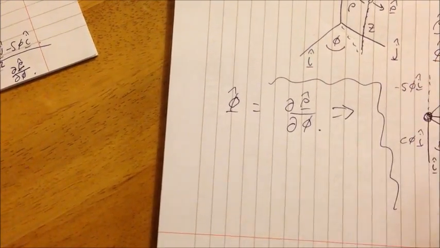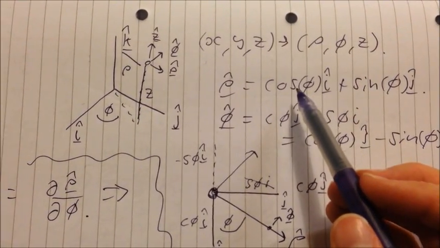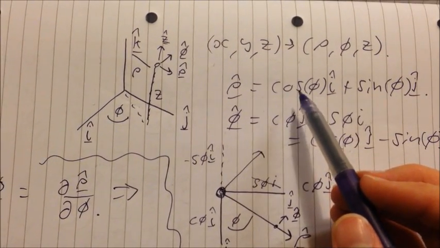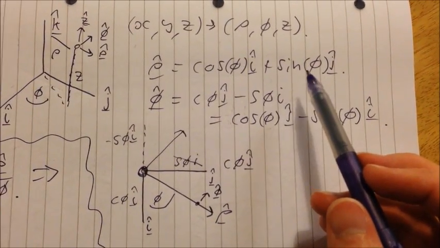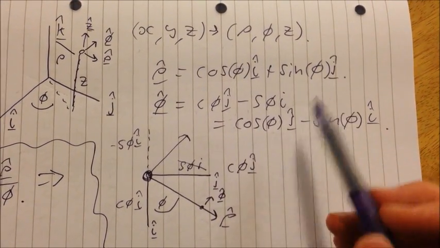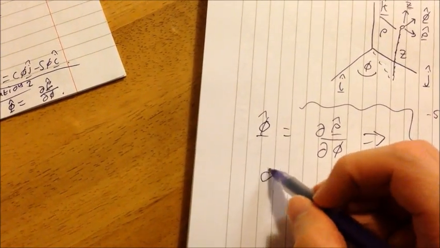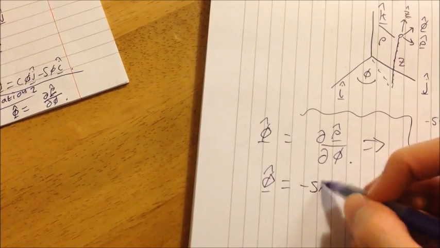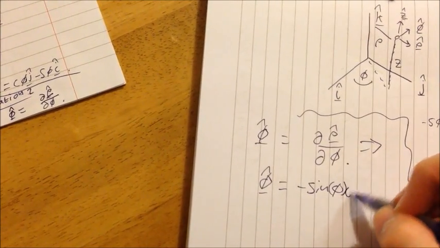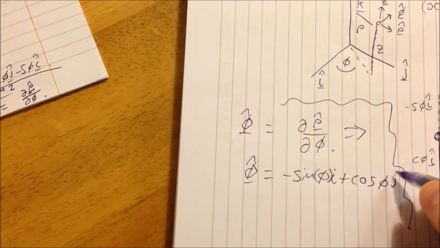And this implies, if you're looking at rho, which is here, this would differentiate to minus sine, and this would differentiate to cos. And as you can see, that would be a cos there, and the j component, yes, minus sine i, yes, correct. So that would imply, again, phi hat equals minus sine phi i plus cos phi j.